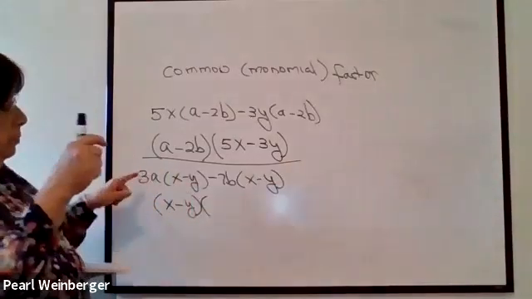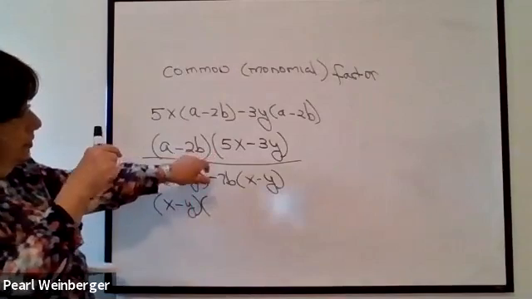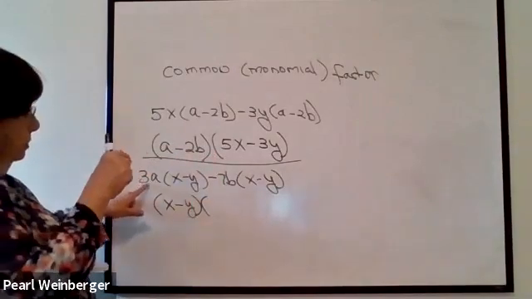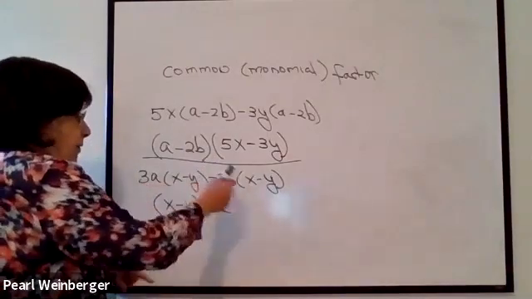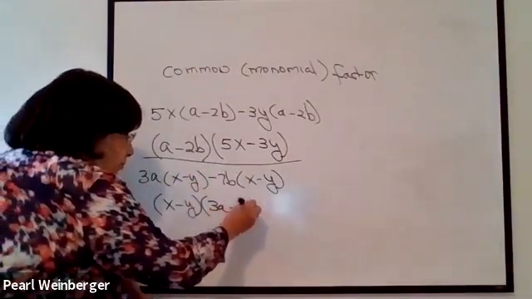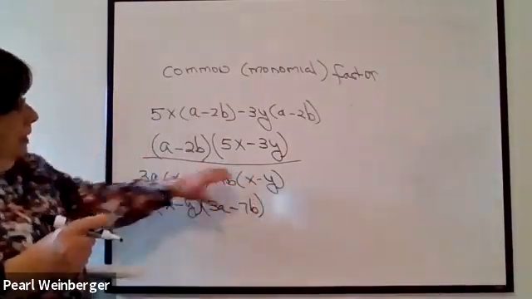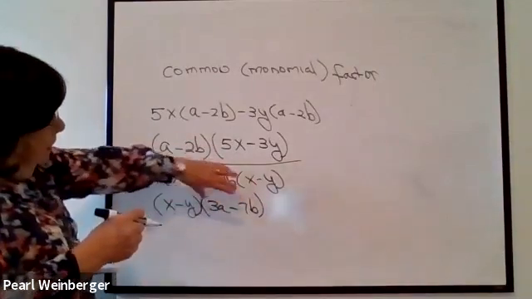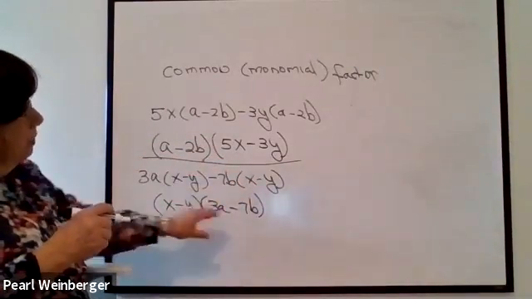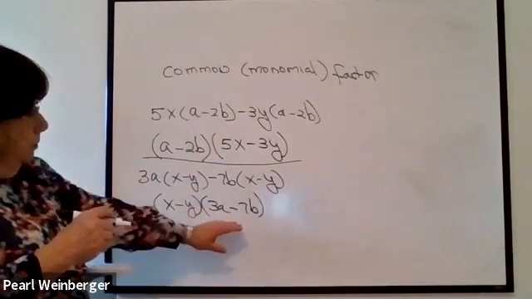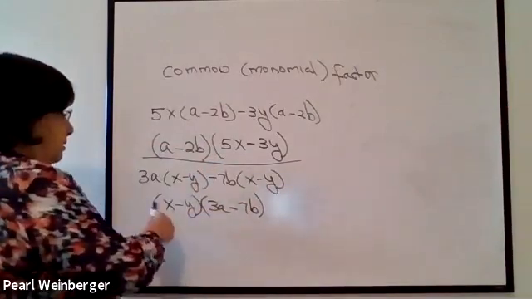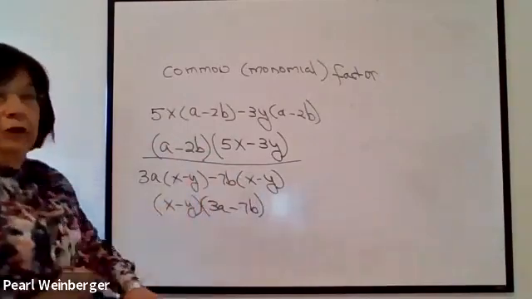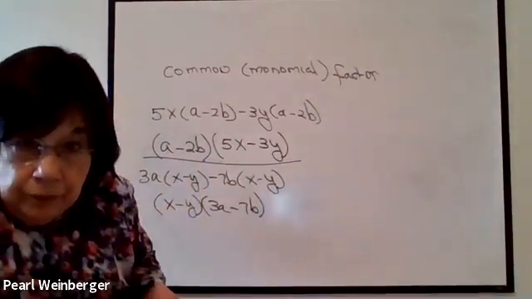And in the second parentheses, we're going to put the things that are on the outside of each parentheses, the 3a and the negative 7b. So what we end up with is an expression that is the product of two binomials. So this is the answer to that expression in factored form.